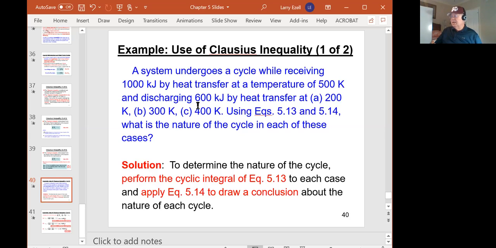It's really the same example we worked. Using equations 5.13 and 5.14, what is the true nature of the cycle in each one of these processes? To determine the nature of the cycle, perform the cyclic integral of 5.13 in each case and apply 5.14 to draw a conclusion.